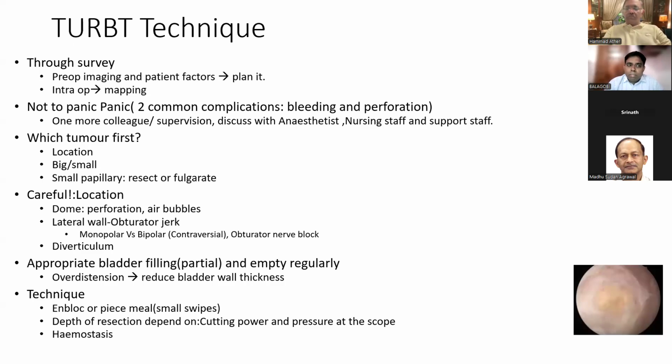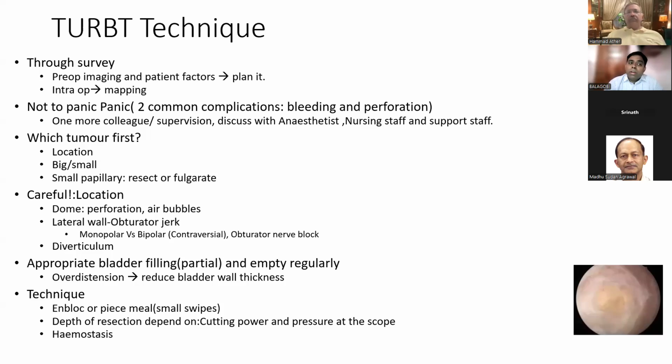Always see the preoperative images, the CT scan, very well, and see the patient factors, whether male or female. You all know that males have a thick bladder wall and females have a thin bladder wall, with more chance of perforation.